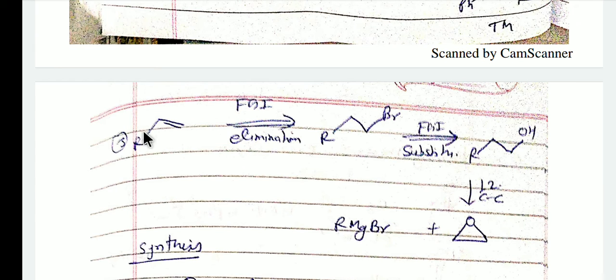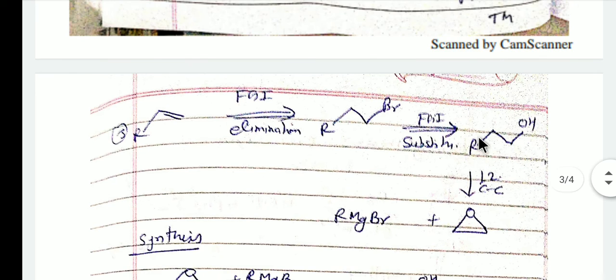Another example. Here is an alkene which can be synthesized. On FGI elimination we get this type of molecule, and on FGI substitution we get this alcoholic molecule. Here the disconnection takes place at this position and we get R minus and here CH2 plus.